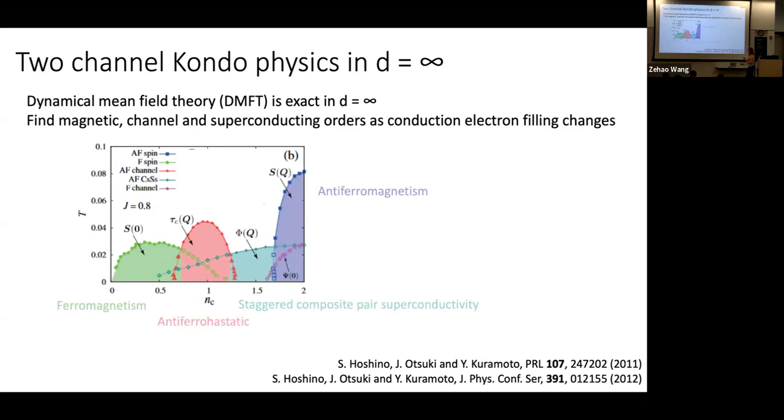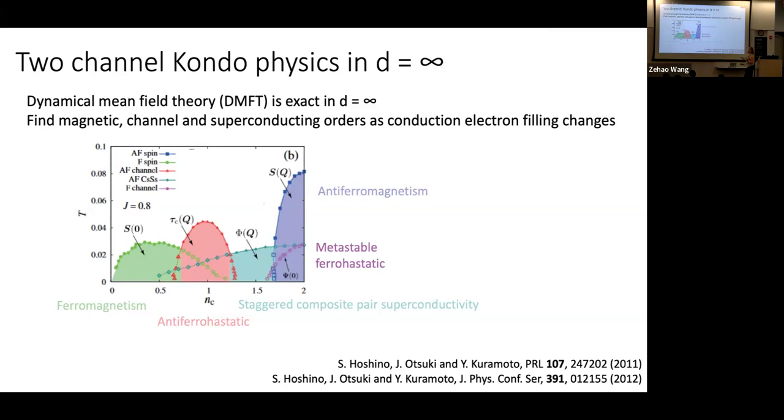And they find this antiferrohastatic order here around quarter filling, which is also where it showed up in the mean field large N limit. And finally, they find this metastable ferrohastatic order around half filling. But you see that the antiferromagnetism always wins. But the other phases, composite pairing and antiferrohastatic order, are really there in the infinite limit.